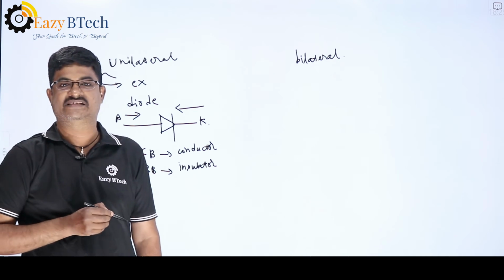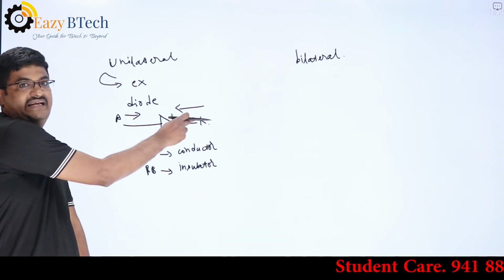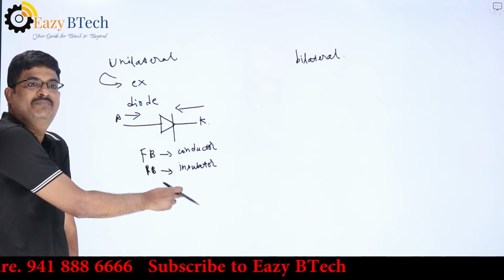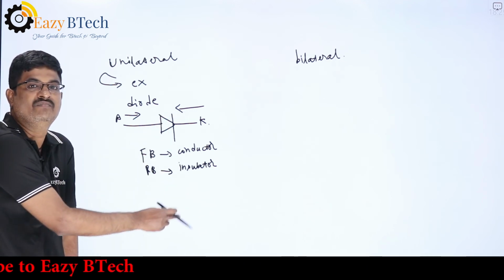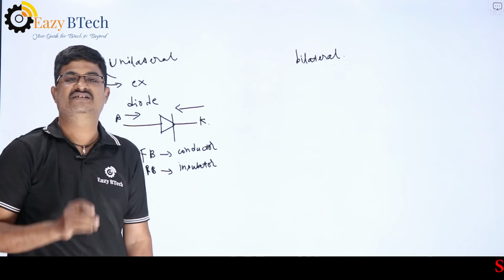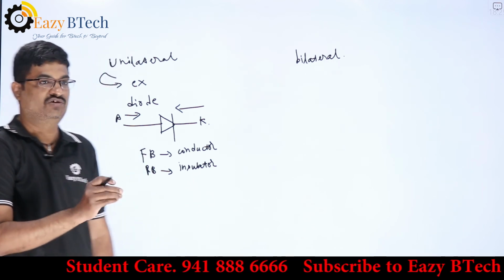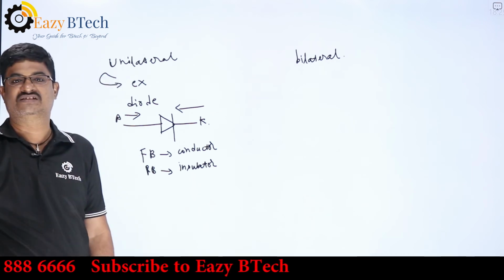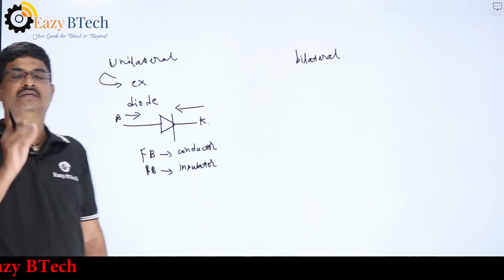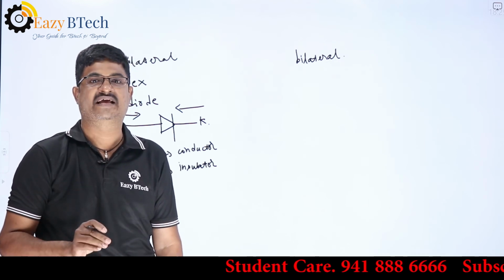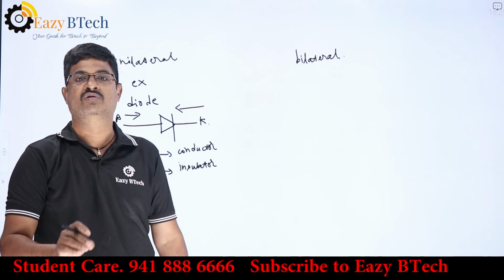So by changing the direction of the current, the characteristic property of the element is changing. The elements which change their characteristic properties by changing the direction of current are said to be unilateral elements.